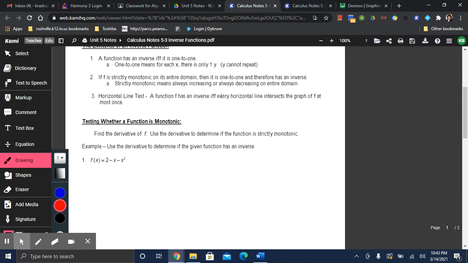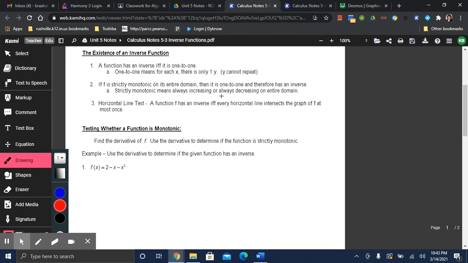As far as the calculus is concerned, that has to do with showing that an inverse function exists. So a function will have an inverse if and only if that function is 1-to-1, which means that for each x, there's only one y. So in other words, the y cannot repeat.